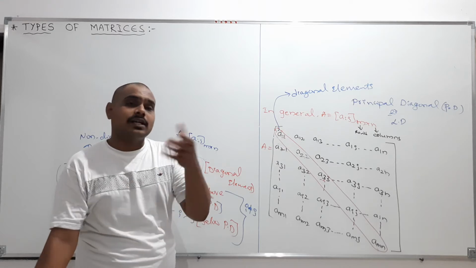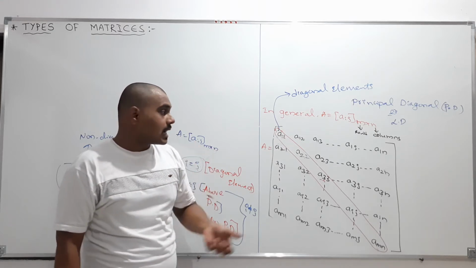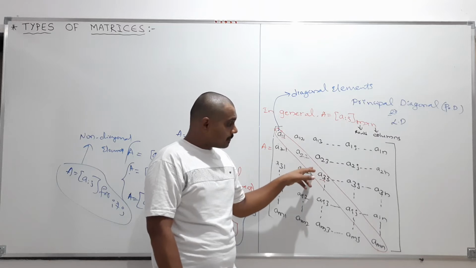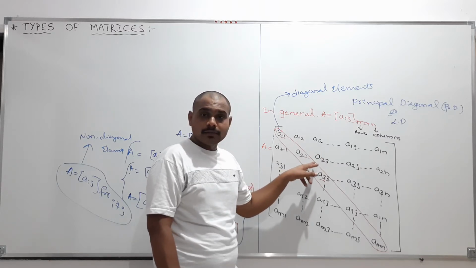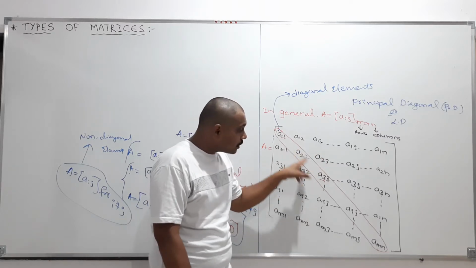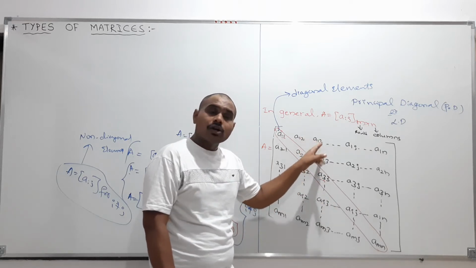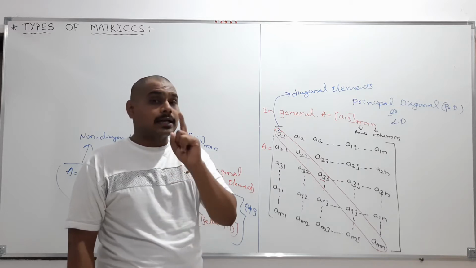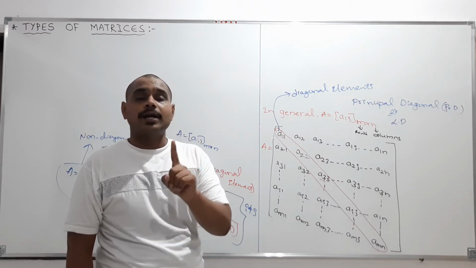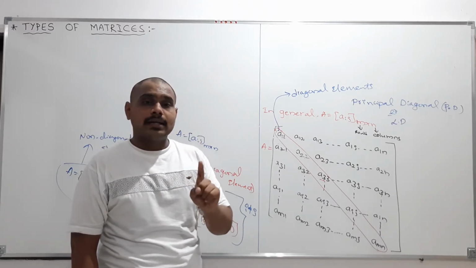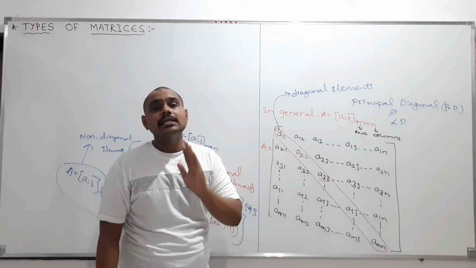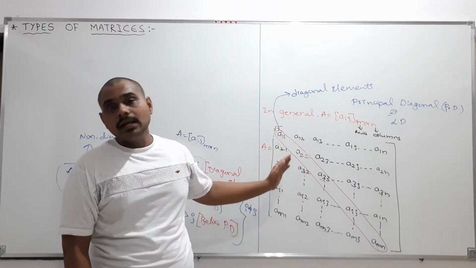Or else, another definition for the diagonal matrix is a matrix in which, except diagonal elements, all are zero. And another condition is that it should be a square matrix. A square matrix in which non-diagonal elements are zero is called a diagonal matrix.